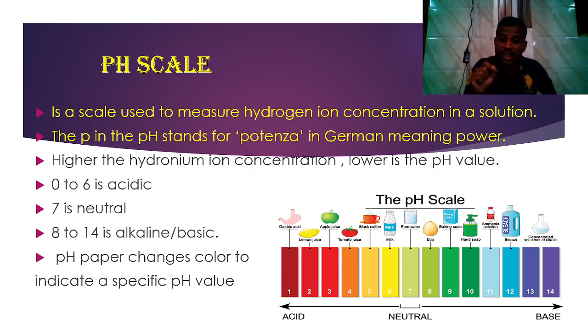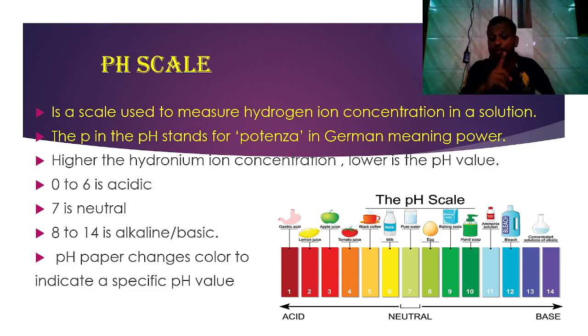The P in pH stands for potentia, which in the German language means power. Power of hydrogen.